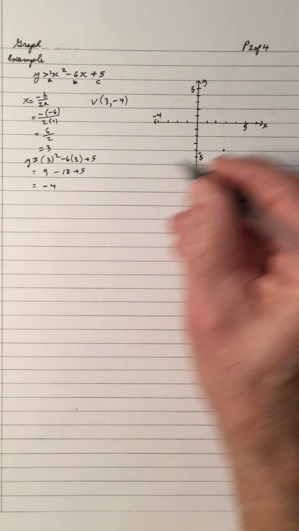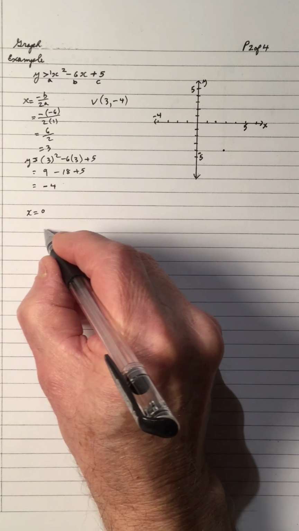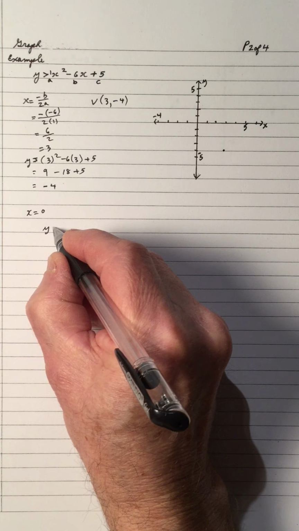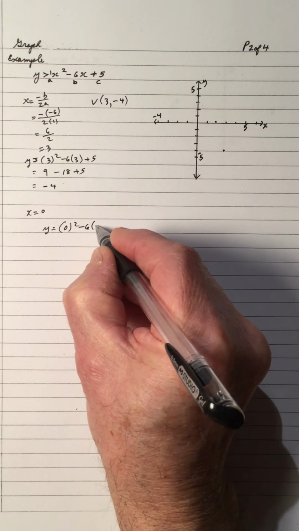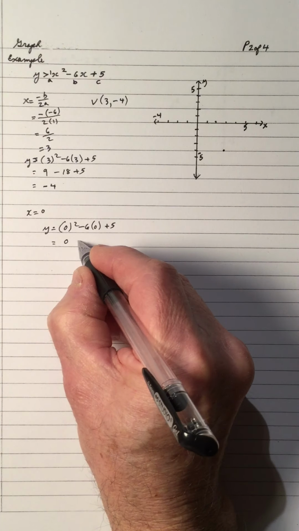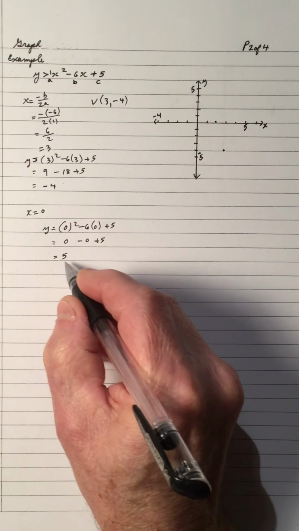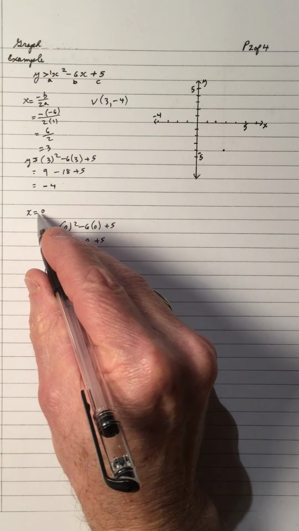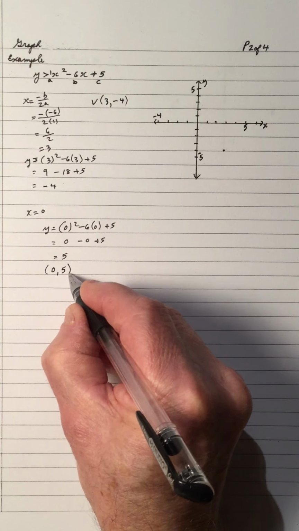And I'm going to let x equal 0 in the equation or inequality, and I will get 0 squared minus 6 times 0 plus 5. So that gives me a 0 and a 0 and a 5. So my y-intercept when x equals 0 is 5.